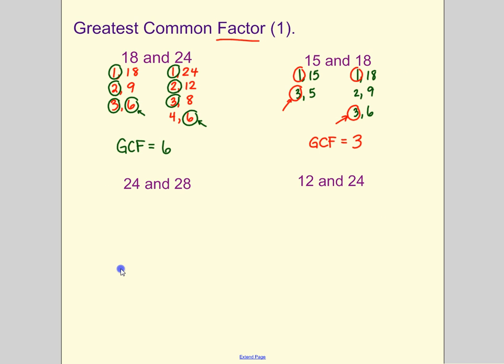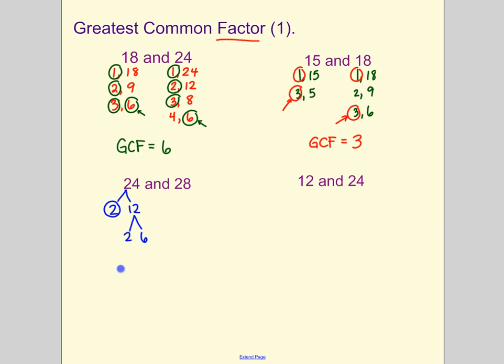The other way to get a GCF is by doing prime factorization. So for those of you that love that factor tree and the prime factorization, you might prefer this way. So how this works is you break each number down into its prime factors using a factor tree. So 24 is equal to 2 times 12. 2 is prime. 12 breaks down into 2 times 6.